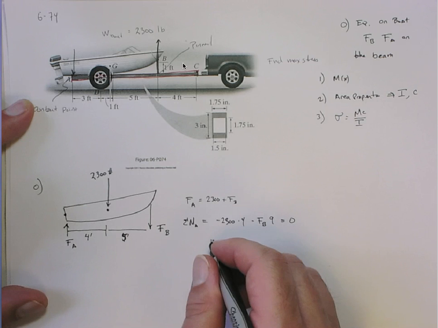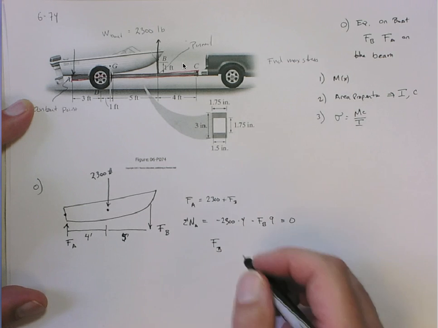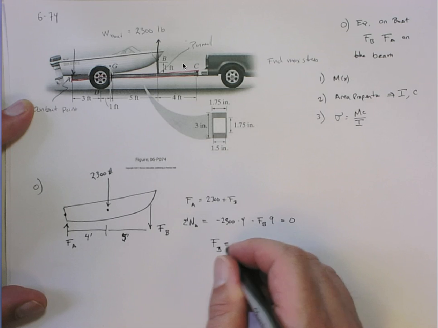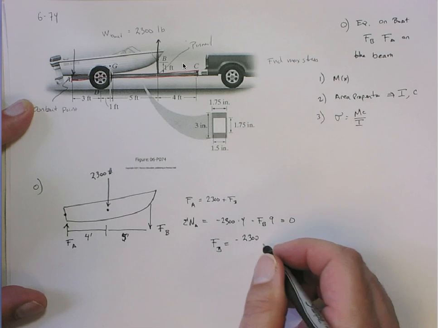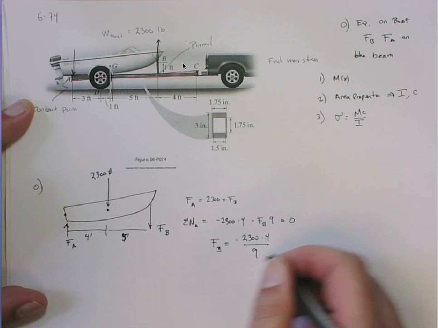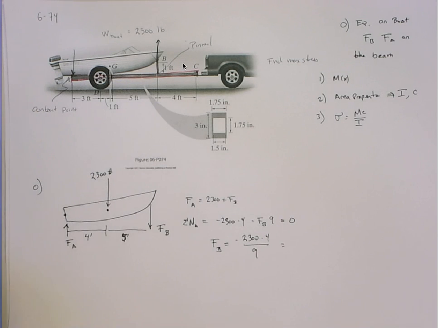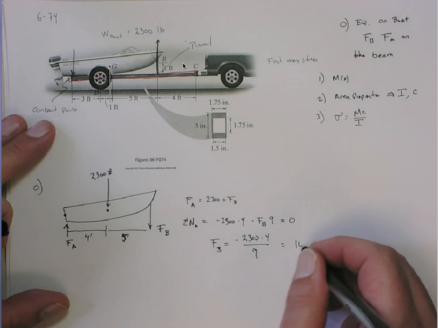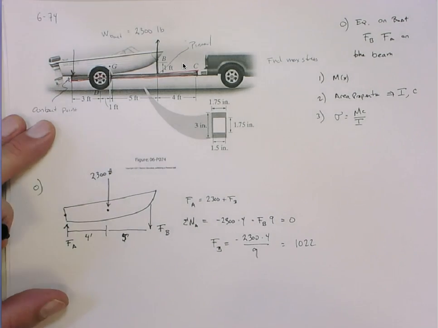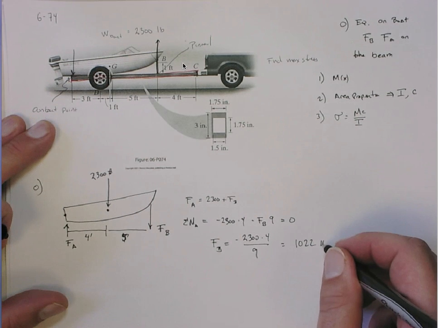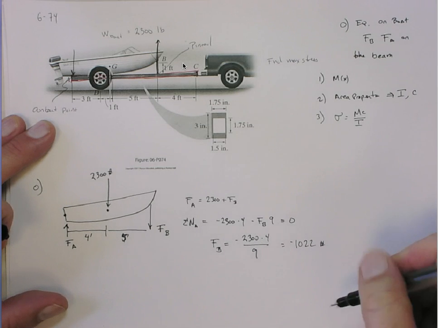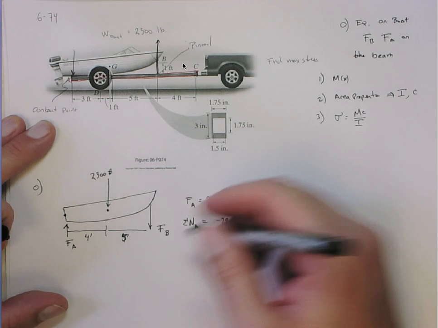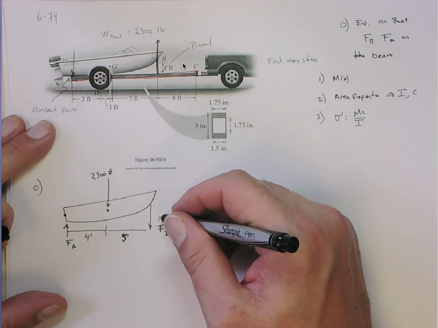So that gives me that FB, and in fact I did get the wrong sign on it, FB is going to be equal to minus 2300 times 4 over 9, which is 1022 pounds. Okay, and a minus. So actually, it's actually acting downward. Okay, I'm sorry. This is actually acting upward.